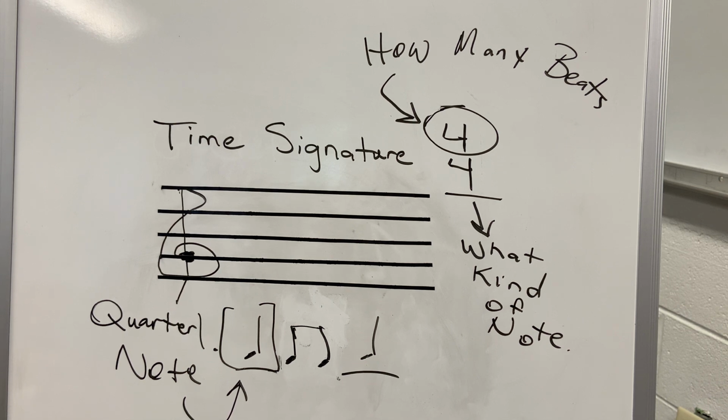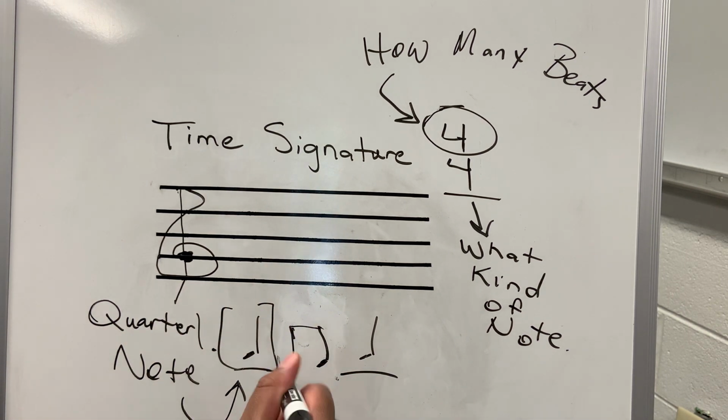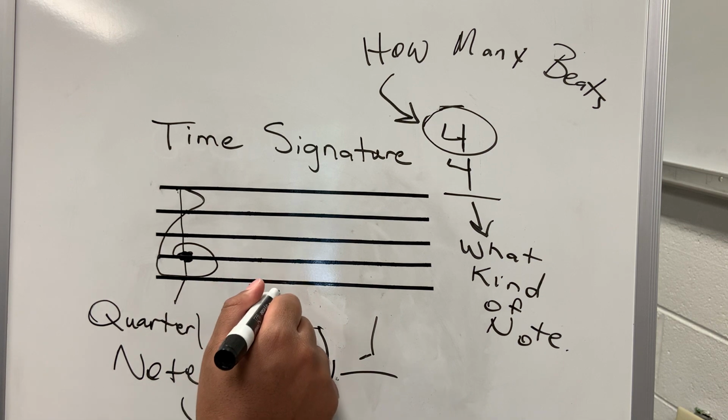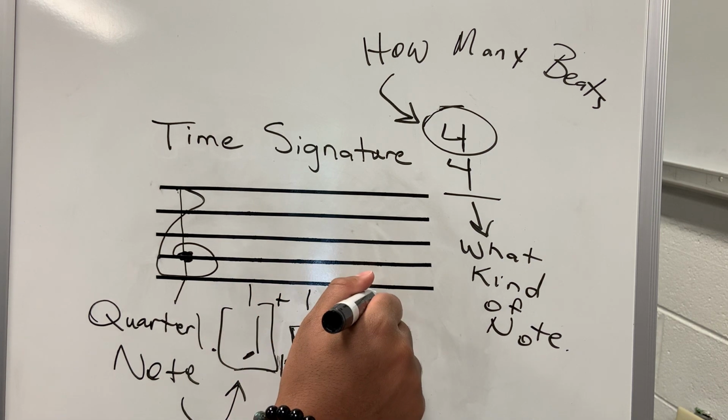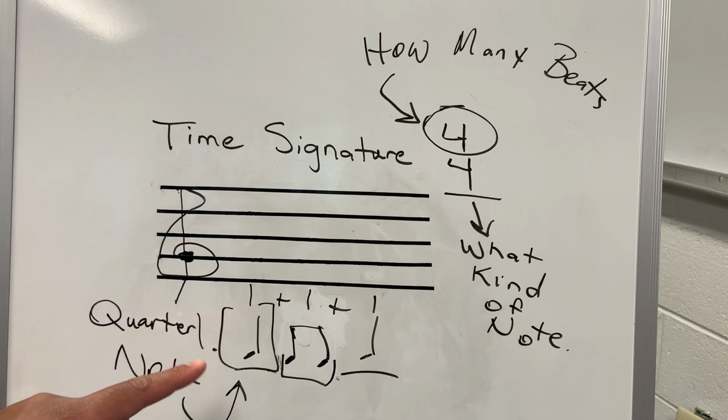Now that's another beat. So now I have one beat, two beats, and this together, that's another beat. So one plus another beat plus another beat. Now I have three beats so far. Quarter note, one beat.